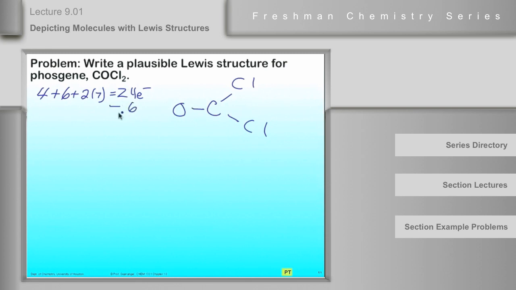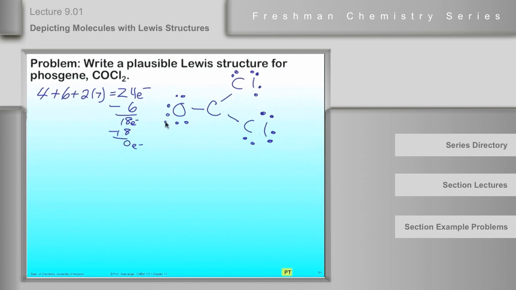So 24 minus 6 looks like 18 electrons to work with. We'll put them around the outer atoms in pairs of 2: 2, 4, 6, 8, 10, 12, 14, 16, 18, and 18 minus 18 is 0, and there aren't any electrons left.